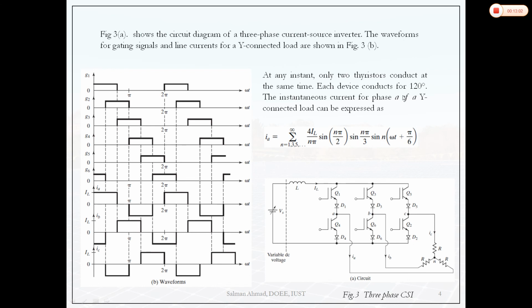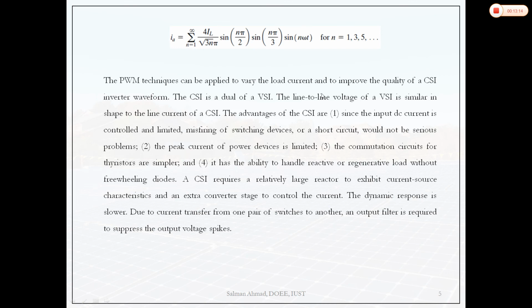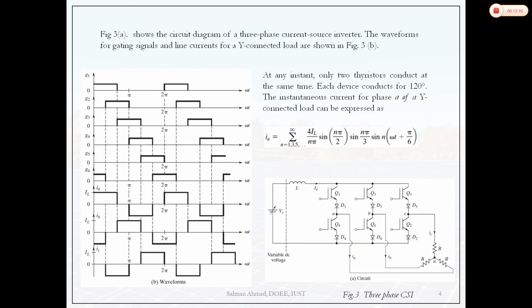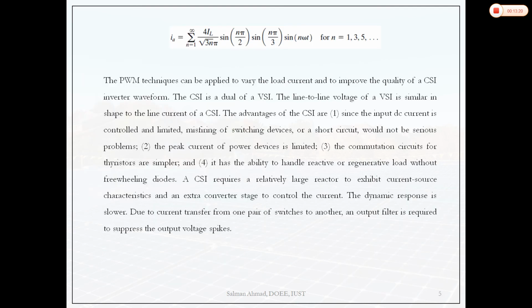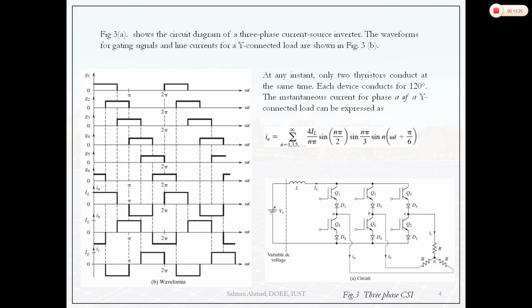If you remember, just apply the Fourier series analysis in this waveform, you will get this expression. Similarly, this is star connected load. So you can find the phase current and all those things.